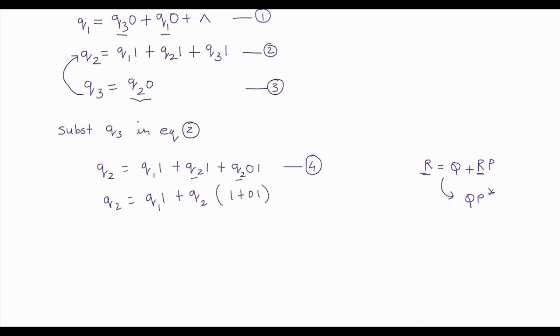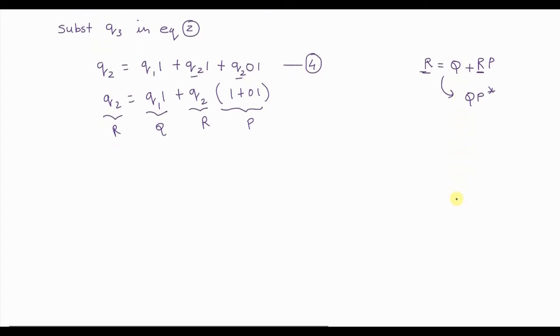Now is this of the type R equal to Q plus RP? Let's check. If this is R, I can consider this as Q, this is again R, and this whole term becomes P. So we have already seen, if the equation is of type R equal to Q plus RP, this can be converted into R equal to QP star. So Q2 can then be written as Q, that is Q1 1, and P star.